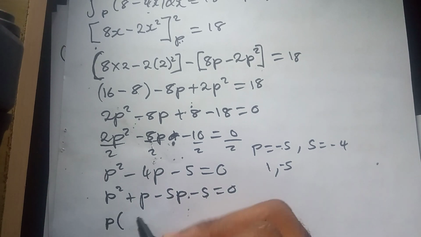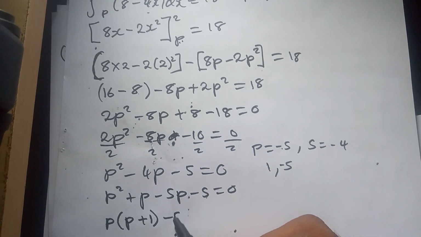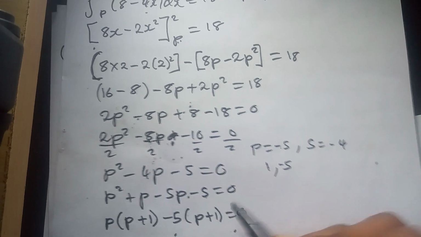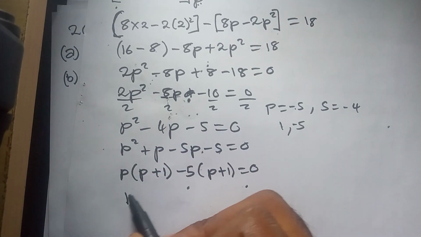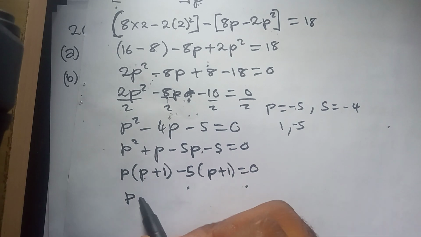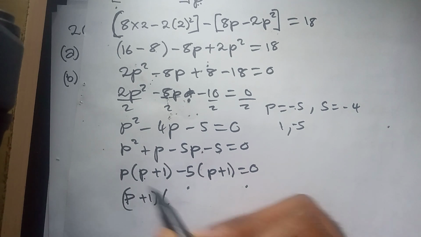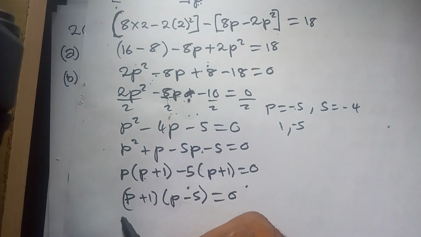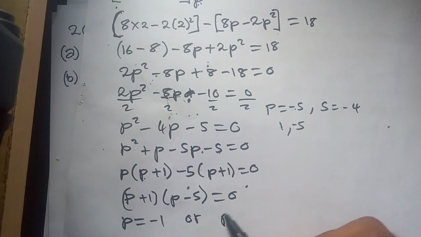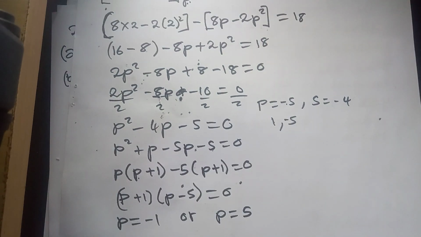So this will be p plus 1, then minus 5p plus 1 all the way to 0. And then we can factor the p plus 1 out, so that we remain with p there and a 5 there. So that means p is either equal to negative 1 or p is equal to 5.